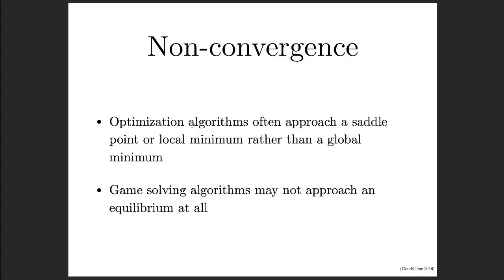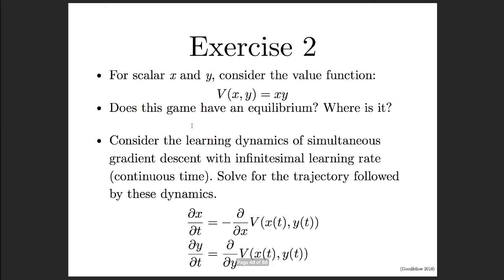In the case of looking for an equilibrium to a game, it is actually pretty difficult to guarantee that you will eventually converge to a specific equilibrium point, or even that you will stop in some particular location that isn't a great equilibrium.